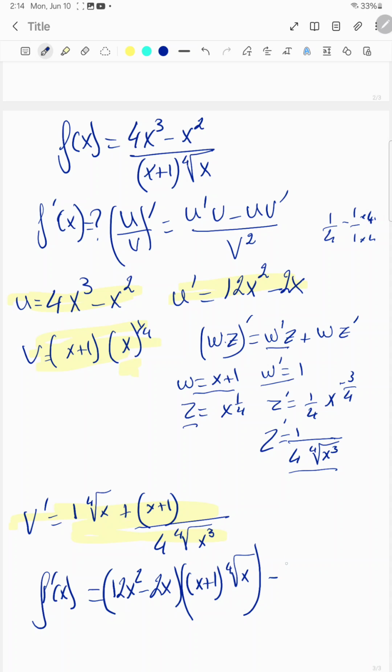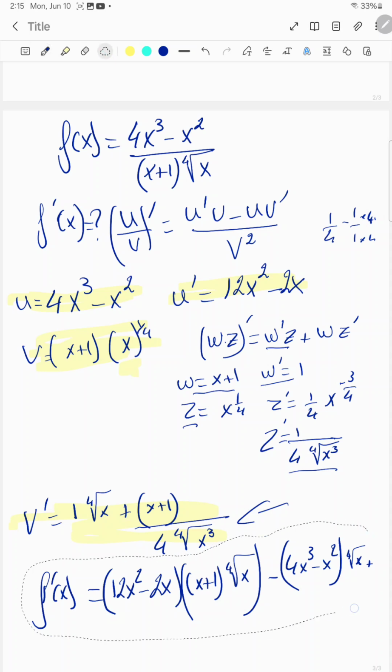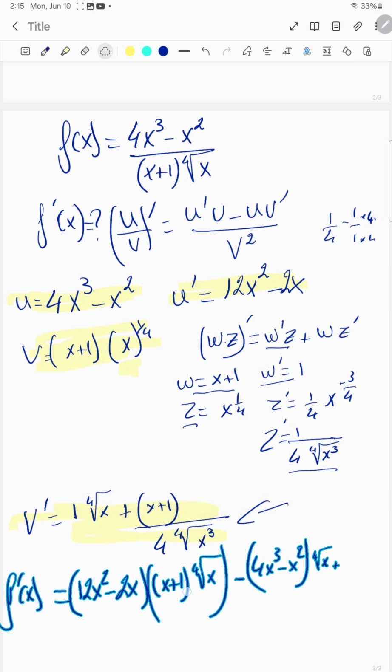My u is equal to 4x to the power of 3 minus x squared, and my v prime is whatever I wrote here, the fourth root of x plus x plus 1 divided by 4 times the fourth root of x to the power of 3.